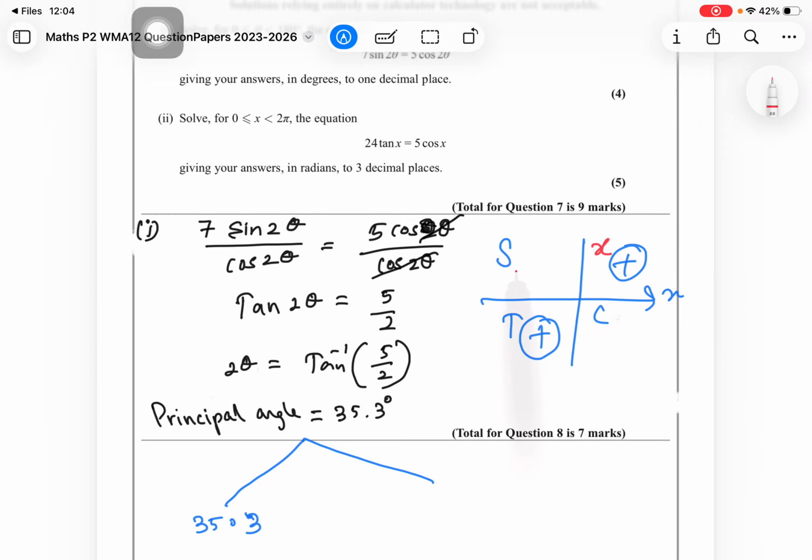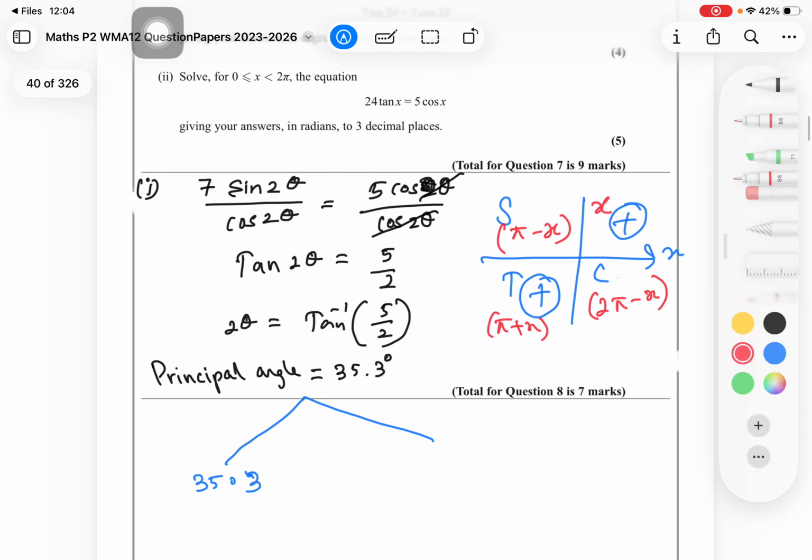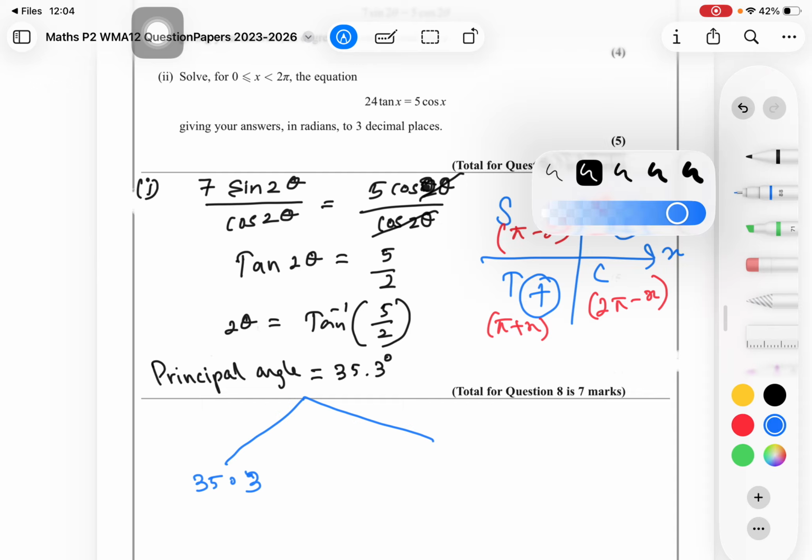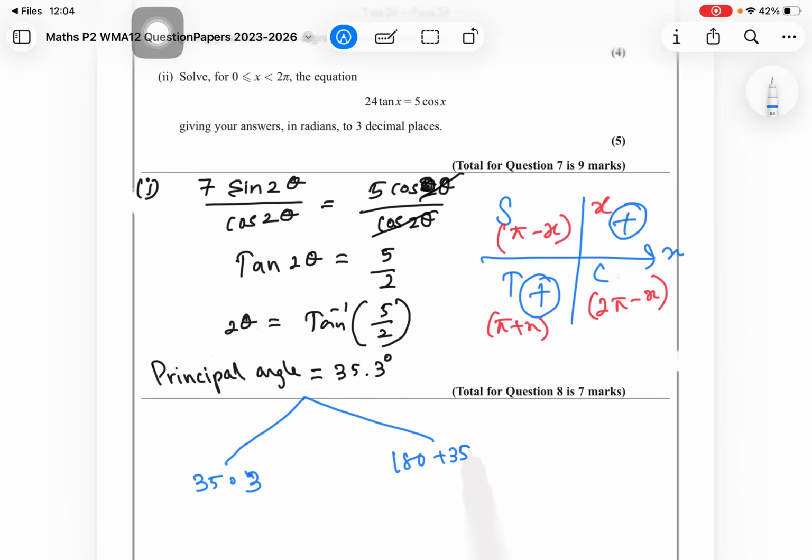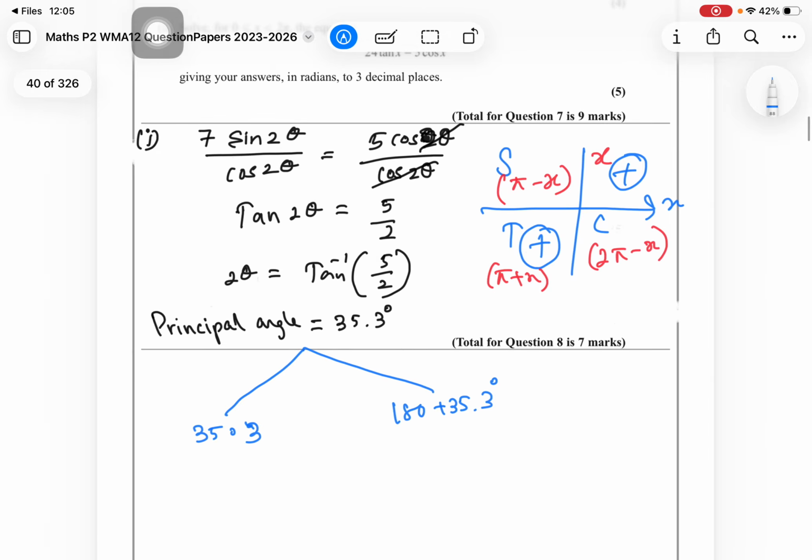If this is x, this will be pi minus x, this will be pi plus x, and this will be 2 pi minus x. So the two answers, in degrees, are 35.3 and 180 plus 35.3. These are the values.